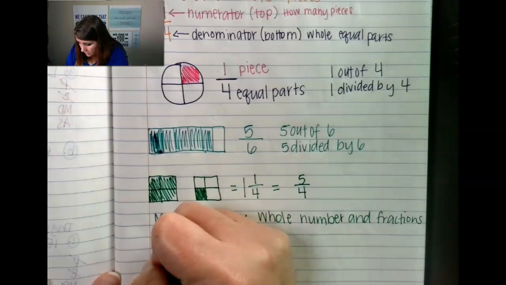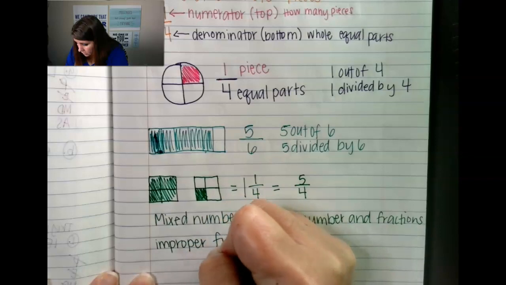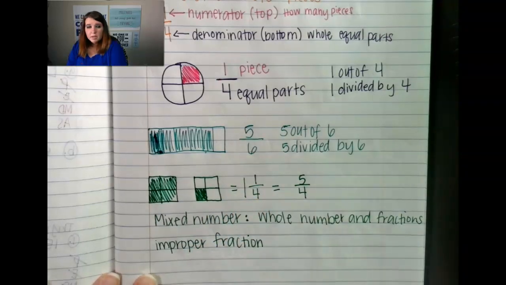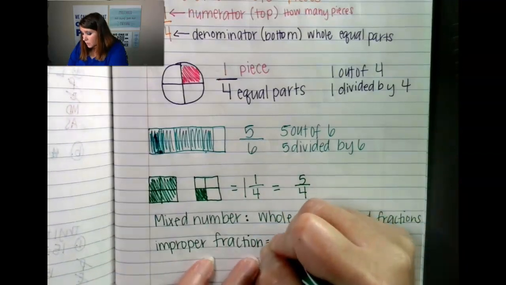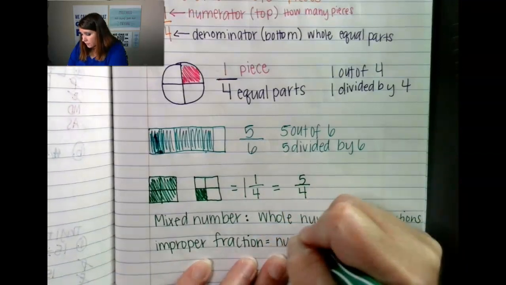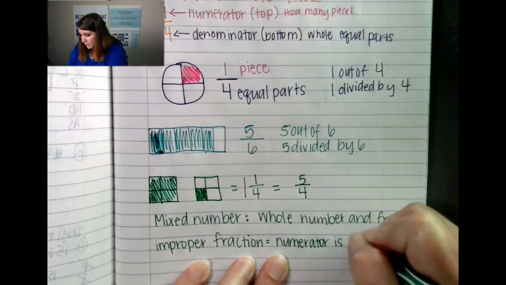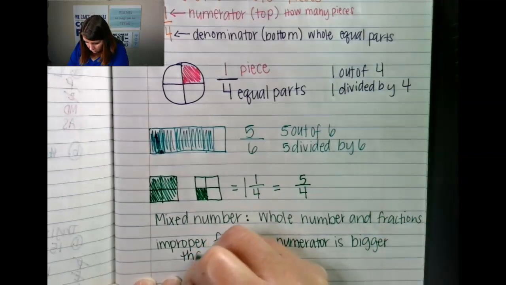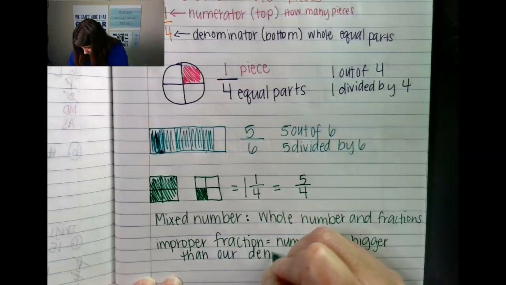So this is called an improper fraction. An improper fraction, our top number or our numerator is bigger than our denominator.